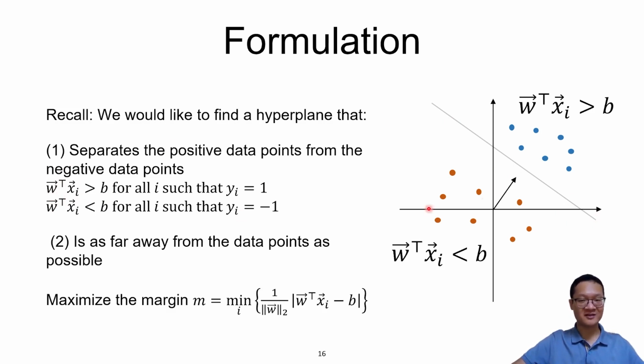Because we have a linear function here, that means that on one side of this line, w transpose x must be greater than b, and on the other side, w transpose x must be less than b. So for any points with label 1, the positive data points, we want w transpose xi to be greater than or equal to b. And for all of the data points with negative label, the negative data points, we want w transpose xi to be less than b. So that's how we can write down the first criterion.